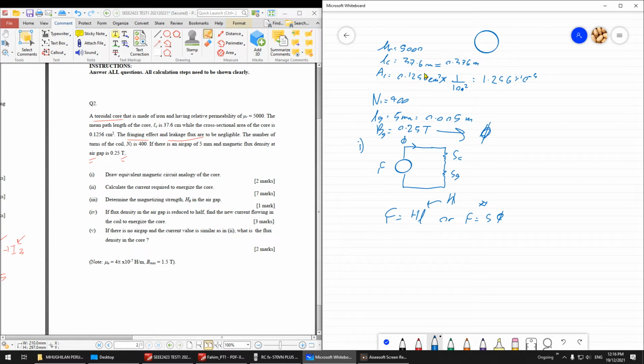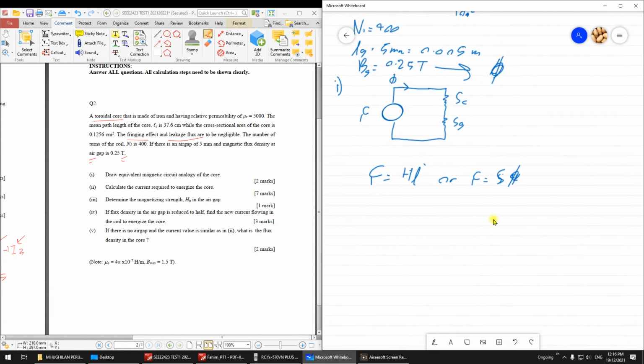You can also get H, and then you have area. Usually if you have area and length, we consider this one. This one also can, but it's a bit complicated. So I just show you the simplest equation.